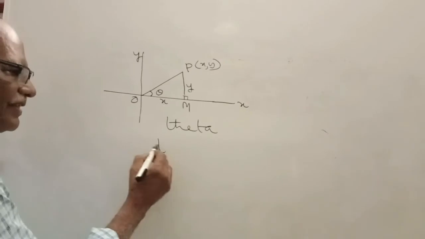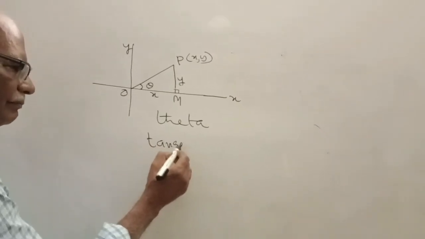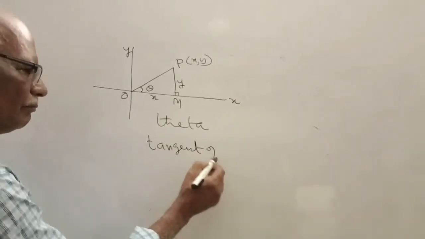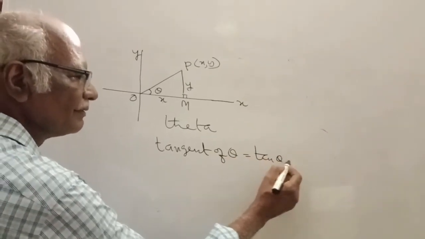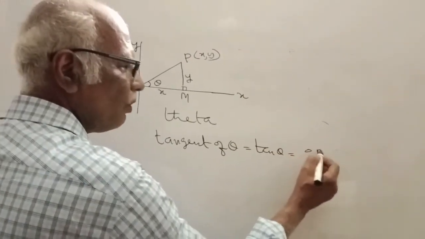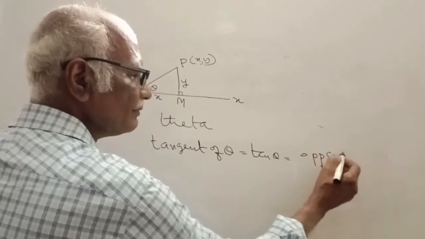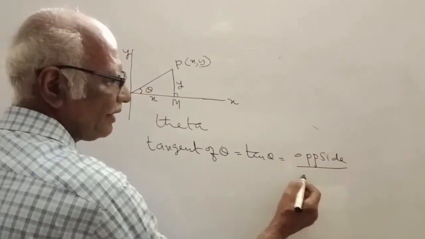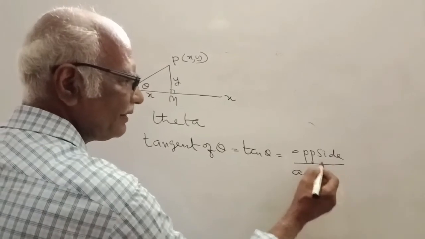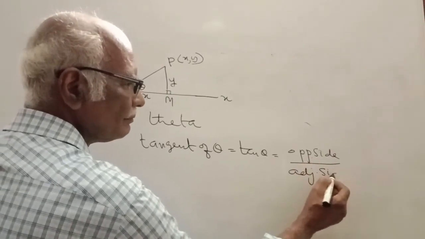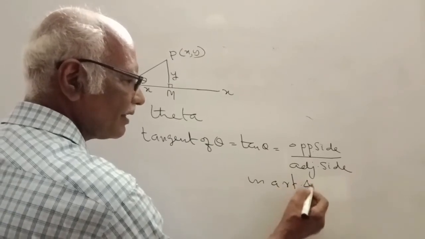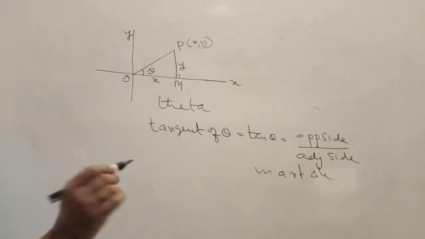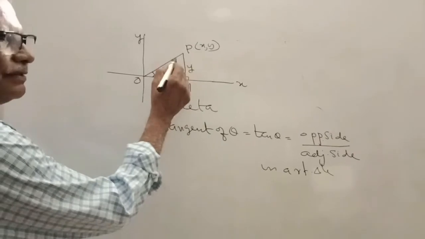Now tan of theta is the opposite side divided by the adjacent side in a right triangle. So we require a right triangle.